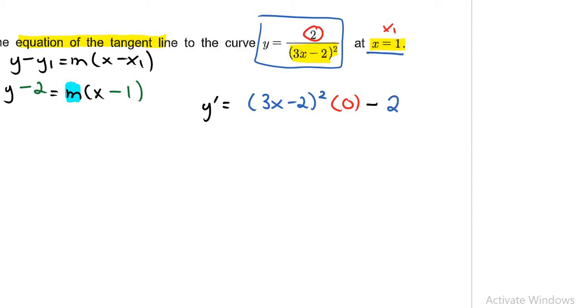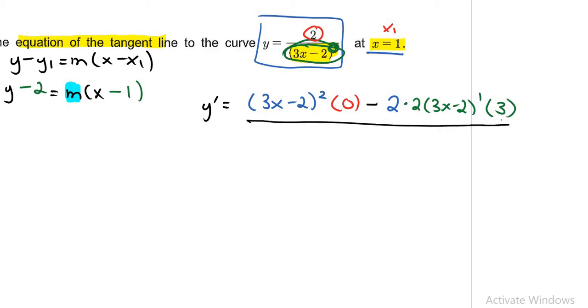And then you need to write out the derivative of the denominator. In this case, this 2 here would come out in front, so that would be 2 times (3x minus 2) to the power 1. And then the chain rule states that you need to take the derivative of the inside term, which will be 3 in this case.